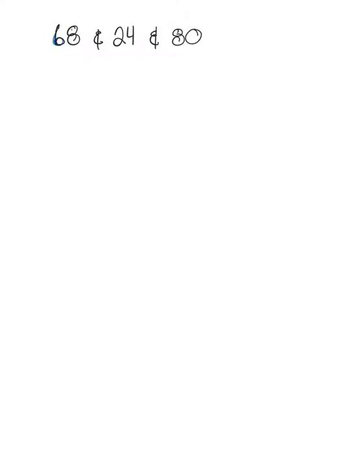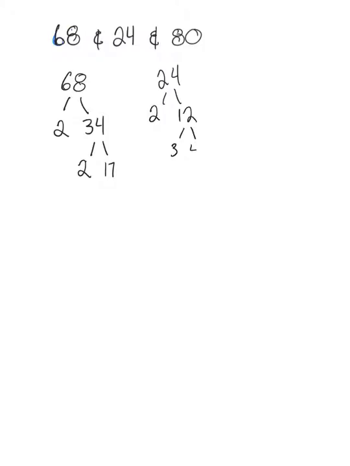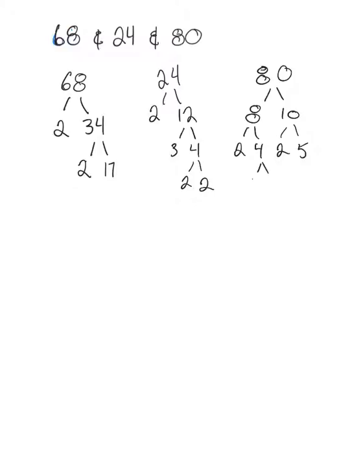This can also be extended in the exact same way for more than just two numbers, such as 68, which can be divided into 2 and 34, which can be divided into 2 times 17, while 24 will equal 2 times 12, which is 3 times 4, which is 2 times 2, and 80 can go into 8 and 10, 2 and 4, 2 and 5, 2 and 2.